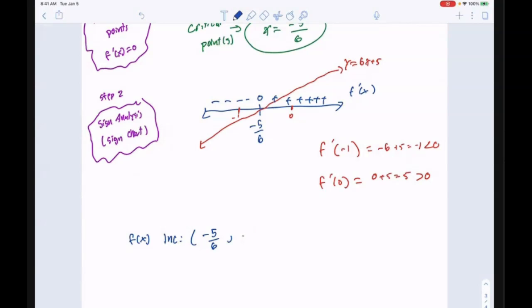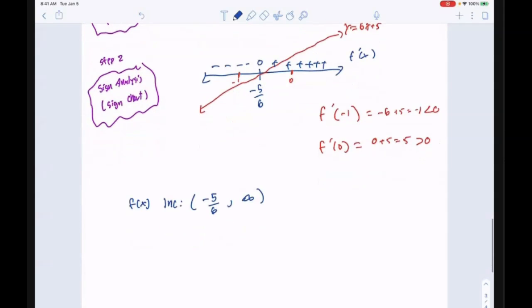Yeah. And f of x is decreasing when? Negative infinity, comma, negative 5/6. Perfect.